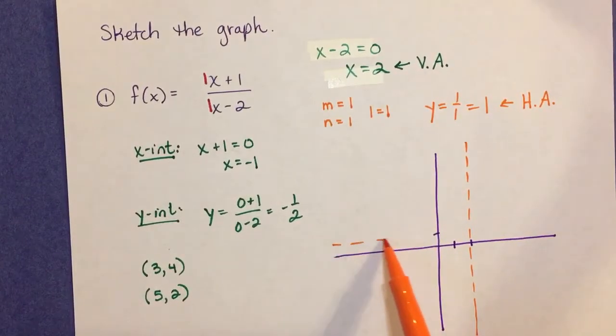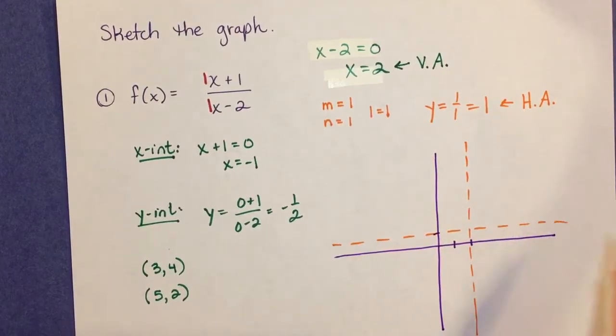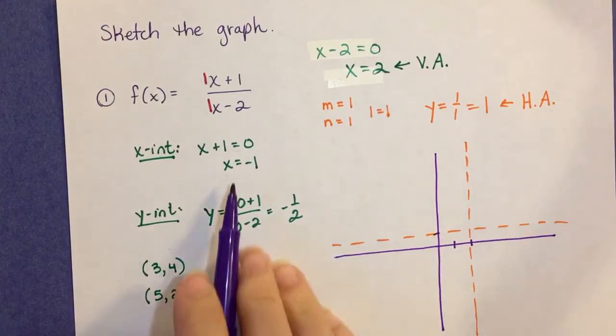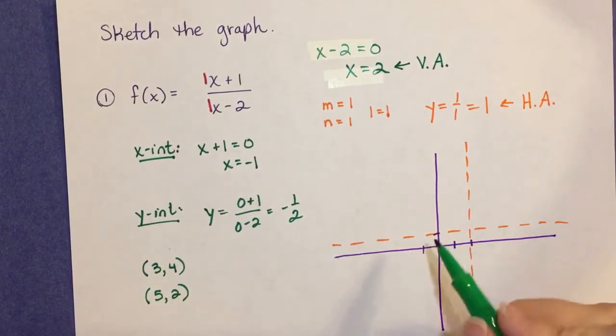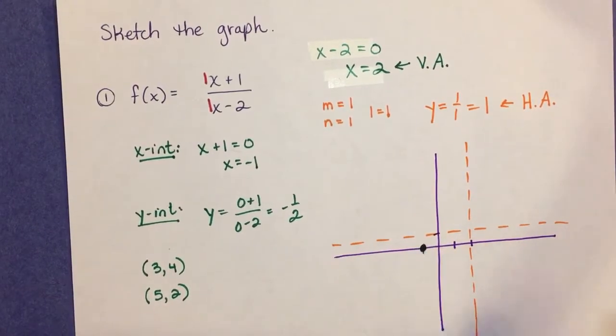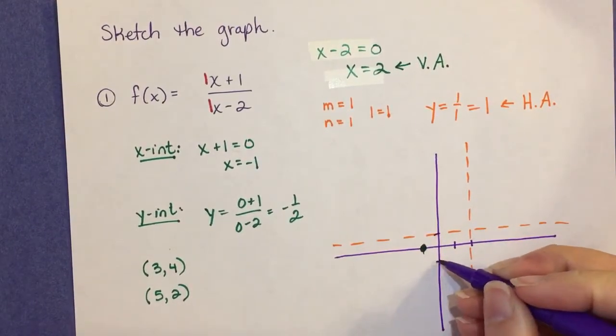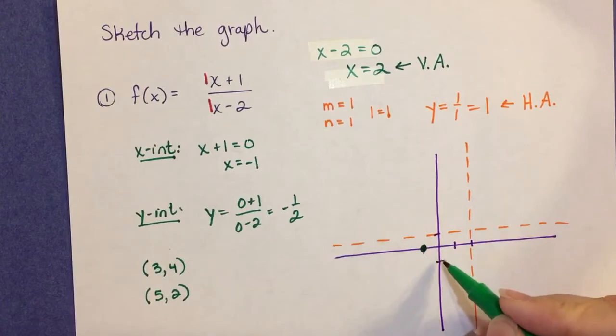That is at y equal 1. Okay, let's put in our points that we know. We know that we have an x-intercept at -1. And we have a y-intercept at -1/2. So if this is -1, the -1/2 will be here.